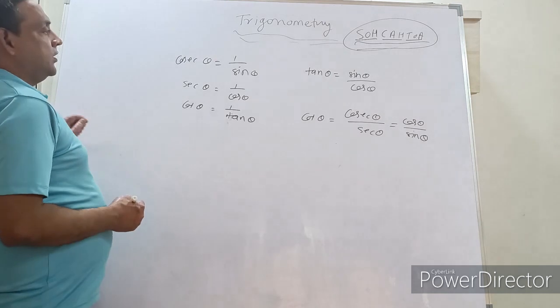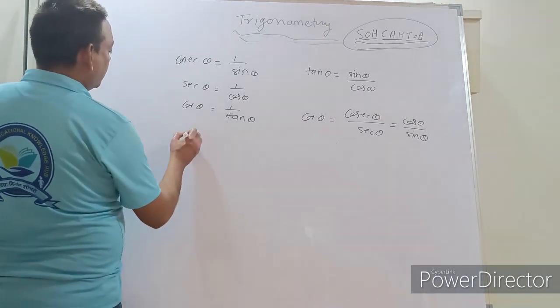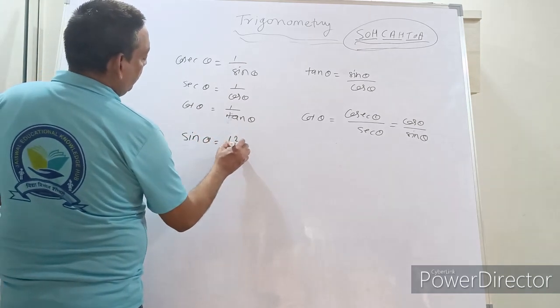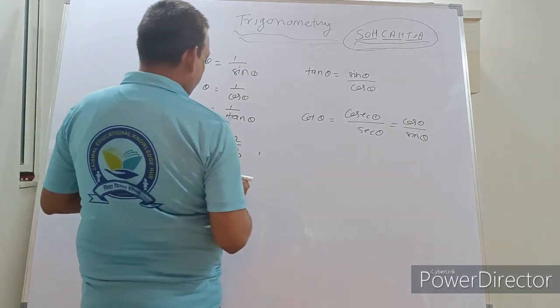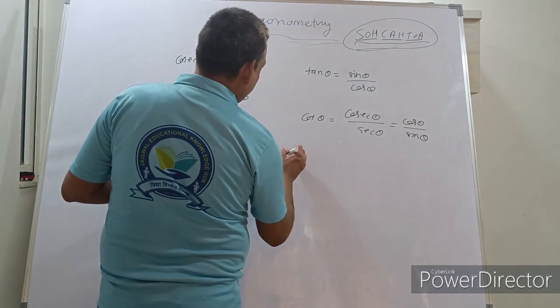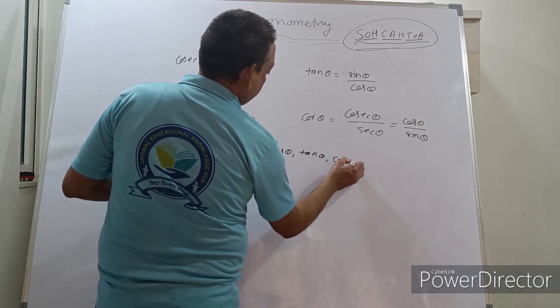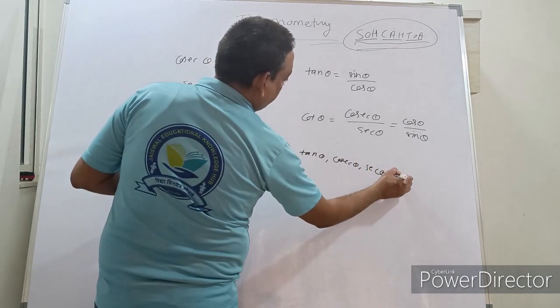Now they can ask, suppose they give you sine theta is equal to 12 upon 13, find out the remaining trigonometric ratios, like cos theta, tan theta, cosec theta, sec theta and cot theta.